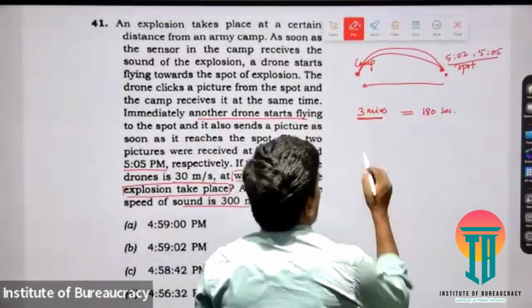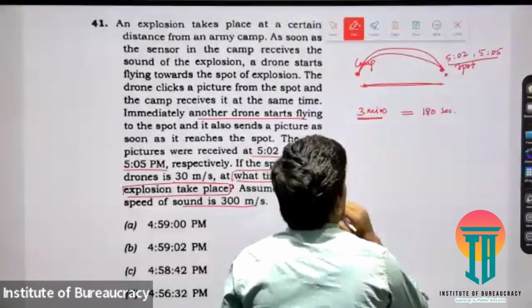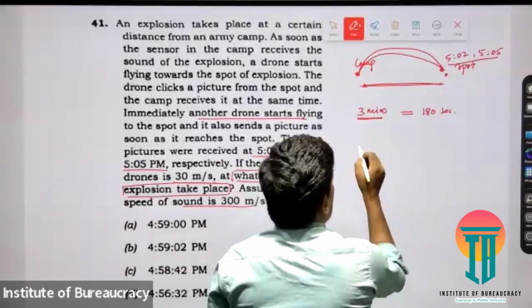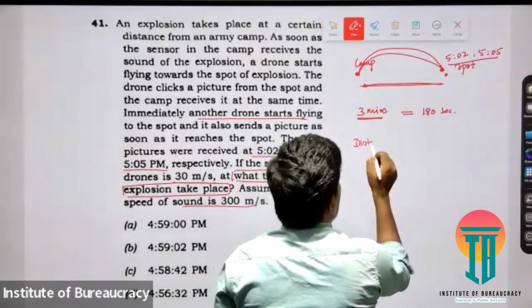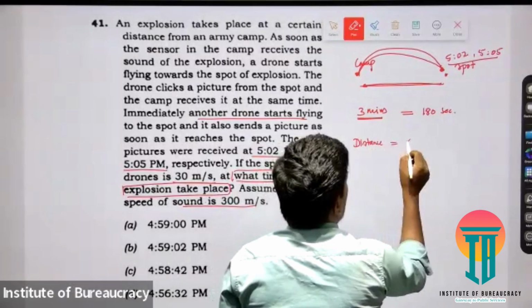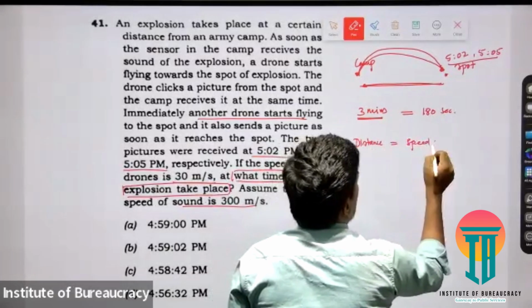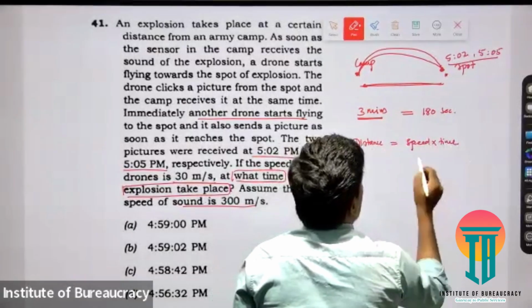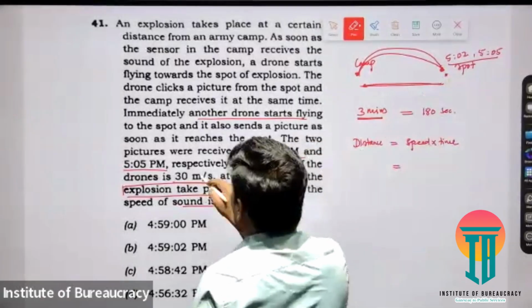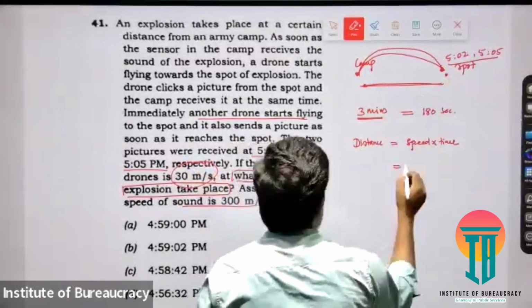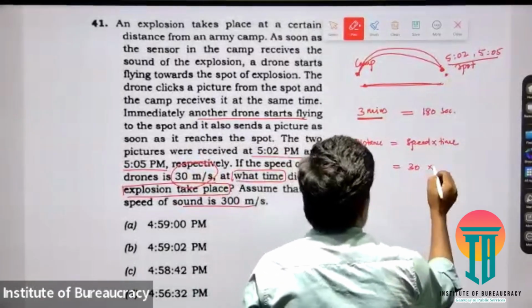First, let us find the distance from here to here. Distance is speed into time. Speed of the drone we have given as 30 meter per second.